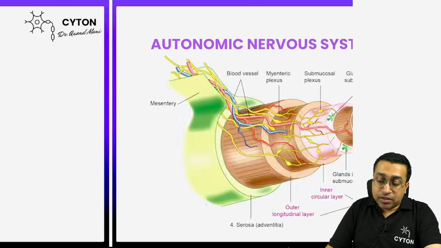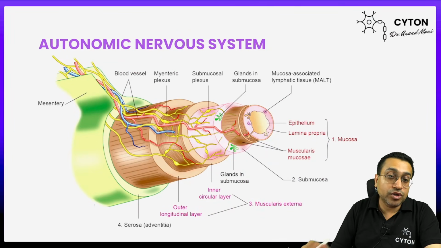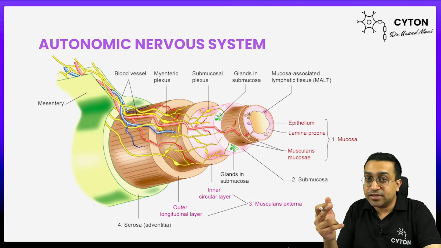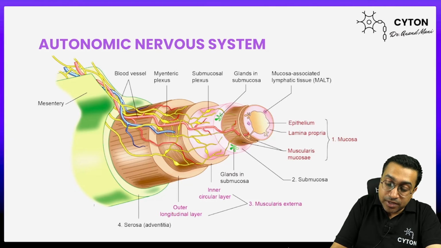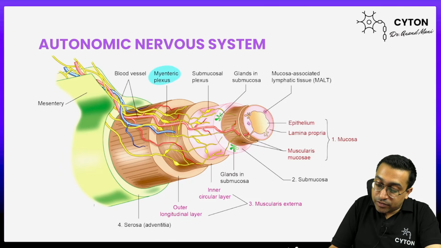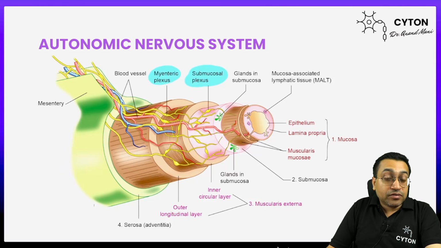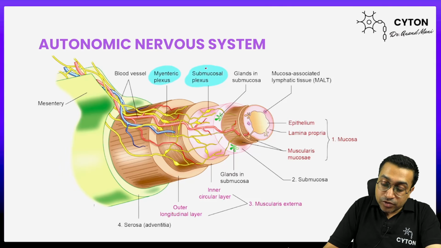Okay, then you have lastly the enteric nervous system, which consists of the neurons located in the walls of the intestine. It consists of certain plexuses, if you can see here: the myenteric plexus, then the submucosal plexus. It is basically a neuronal network, which you can see, the nerves here. Meissner's plexus is there in the submucosa.